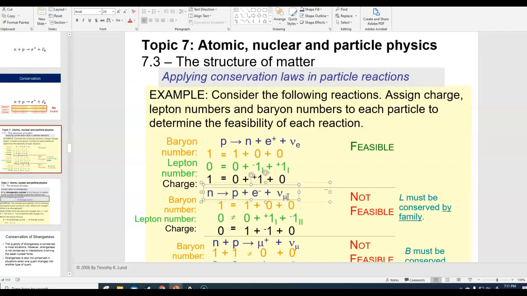But even if the line was over it, remember lepton number has to be conserved by type. The line is right here for some reason; it didn't move over correctly when I was rearranging the slide. But again, lepton number is not conserved by type, because there's the electron lepton number, the muon lepton number, and the tau lepton number, and they all have to be conserved on both sides of an equation.